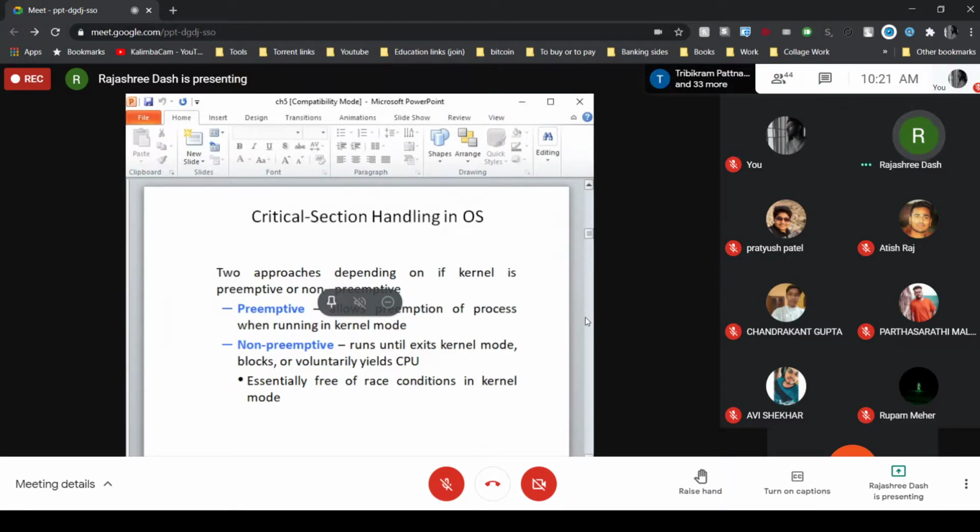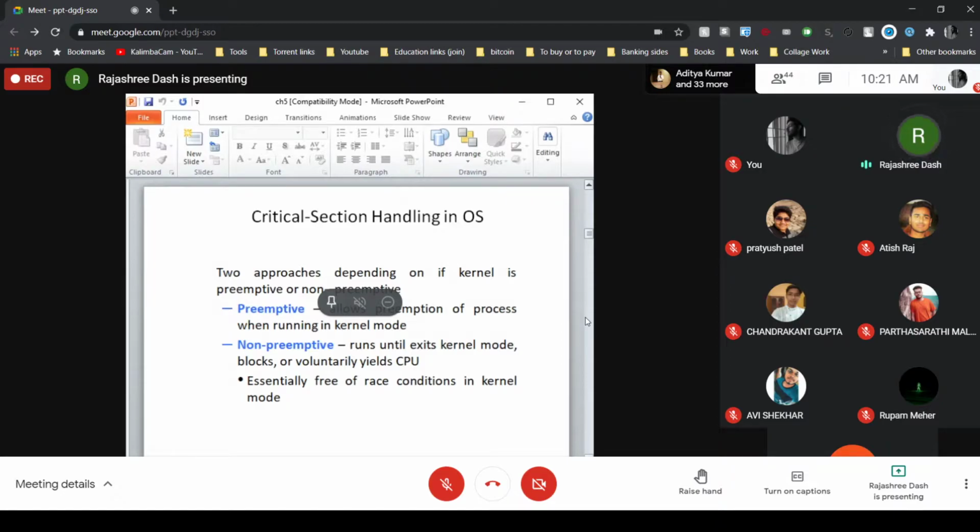But again, there is more preference for designing a preemptive kernel over a non-preemptive kernel, because preemptive kernels are more responsive. There is less risk that a kernel mode process will run for an arbitrarily long period before releasing the processor to waiting processes.